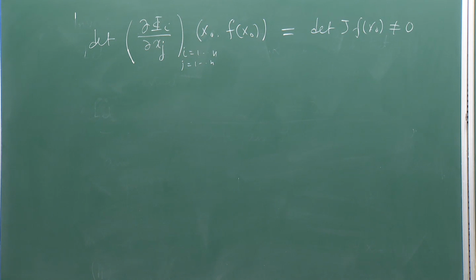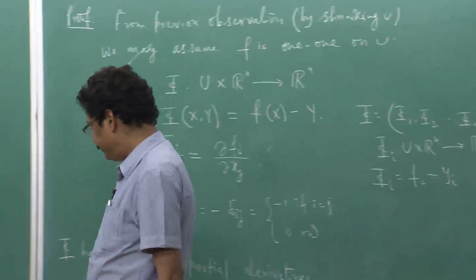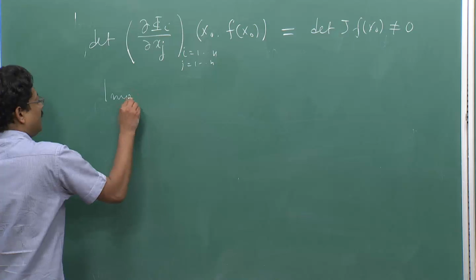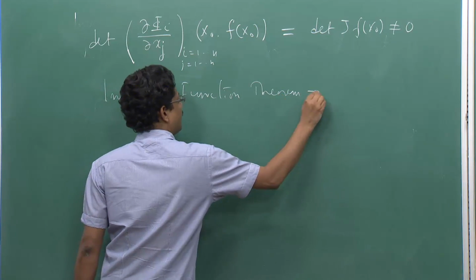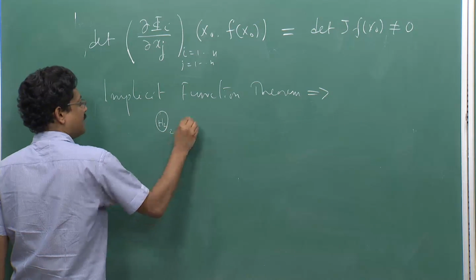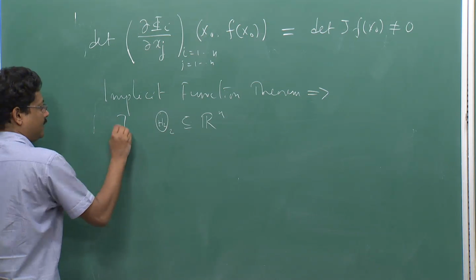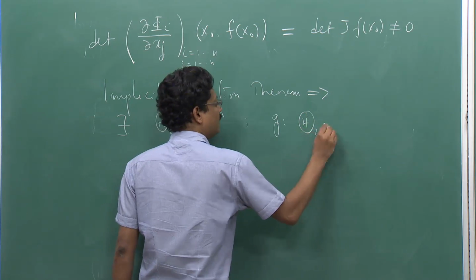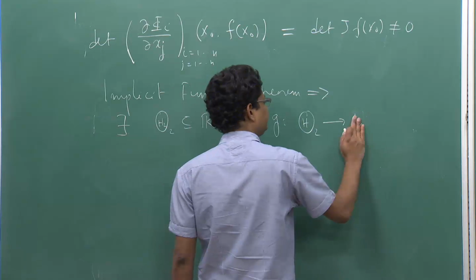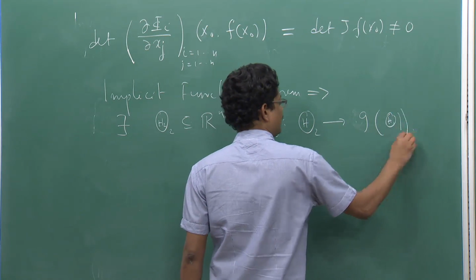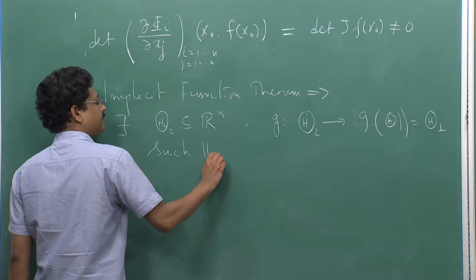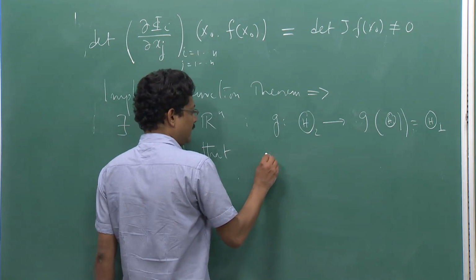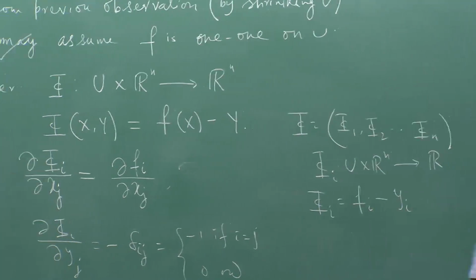Now, I can use the implicit function theorem, which will say that there exists theta 2 in R^n and g from theta 2 to U, such that the first component is g(y) and the second component is y.